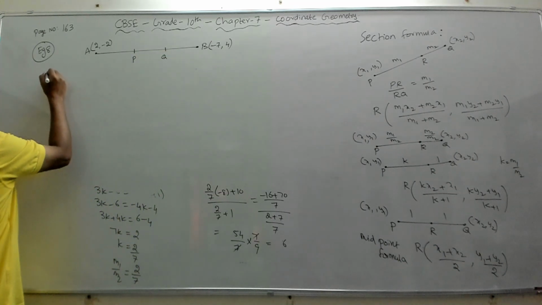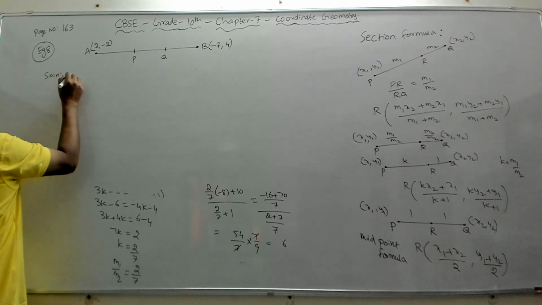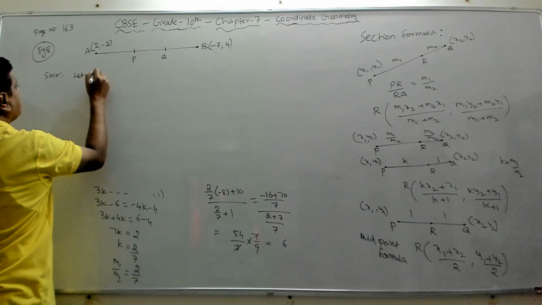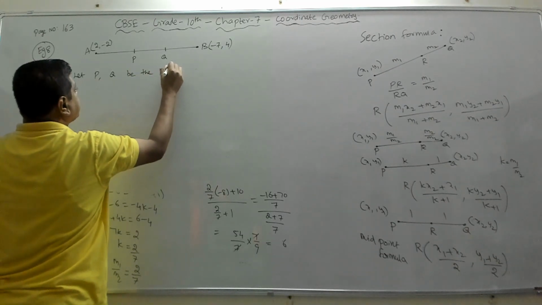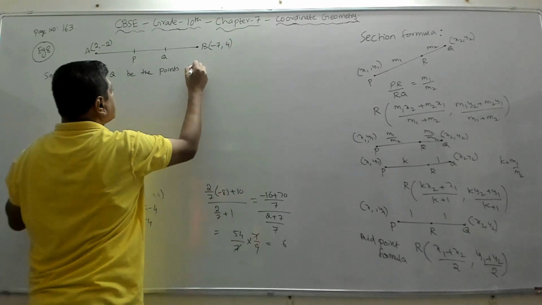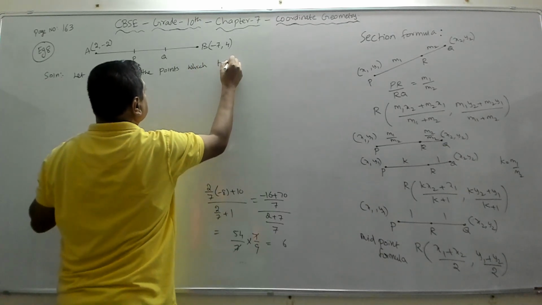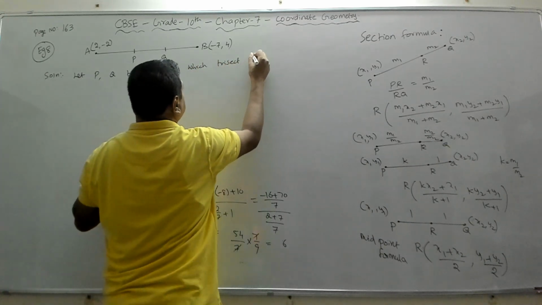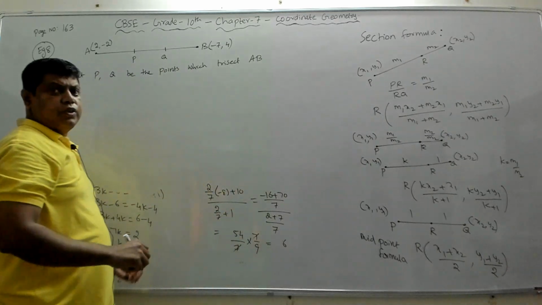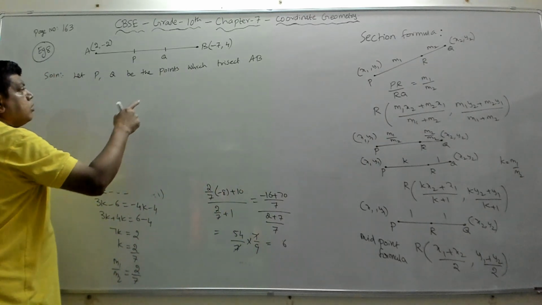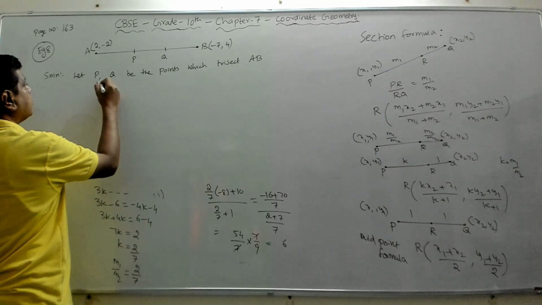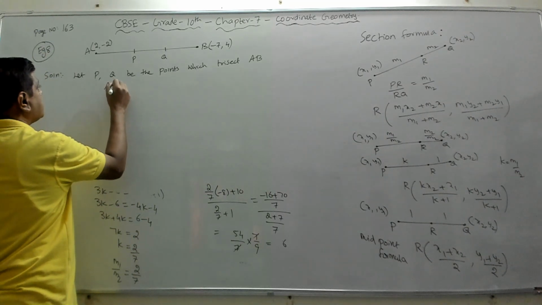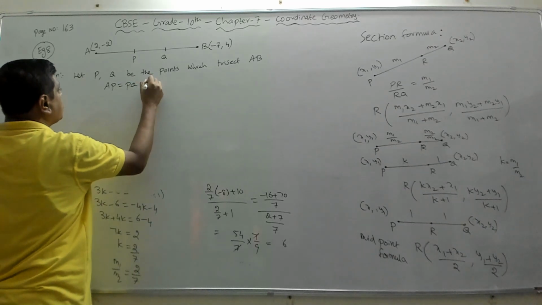Right? So now, how do you find the coordinates of points P and Q? We'll say the solution is: let P, Q be the points which trisect AB. Which means AP is equal to PQ is equal to QB.